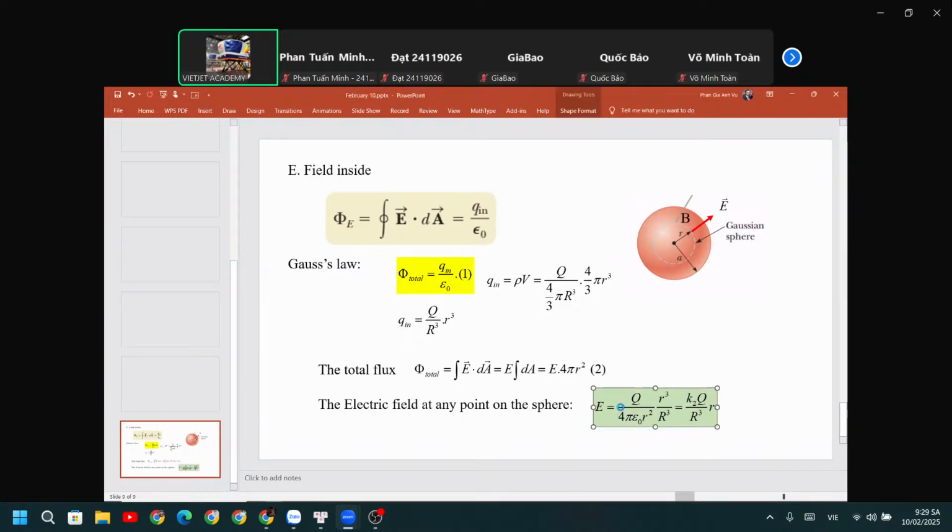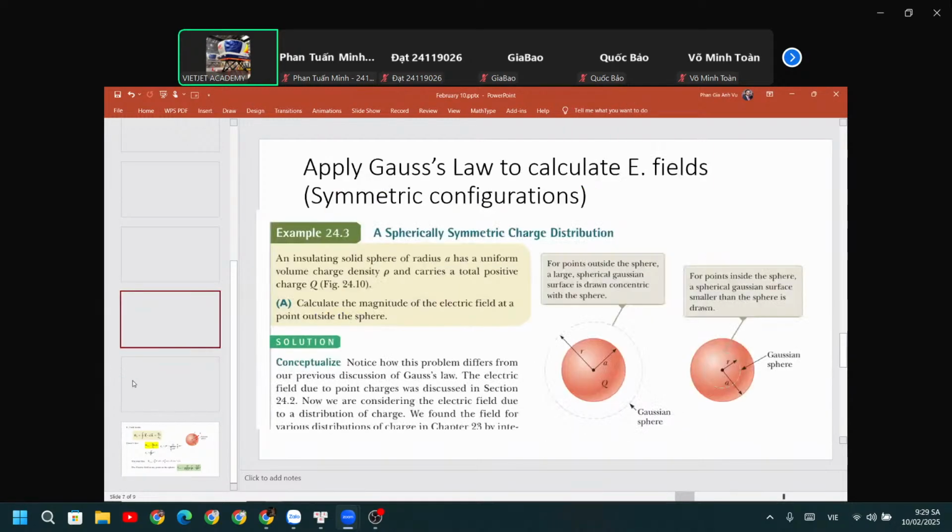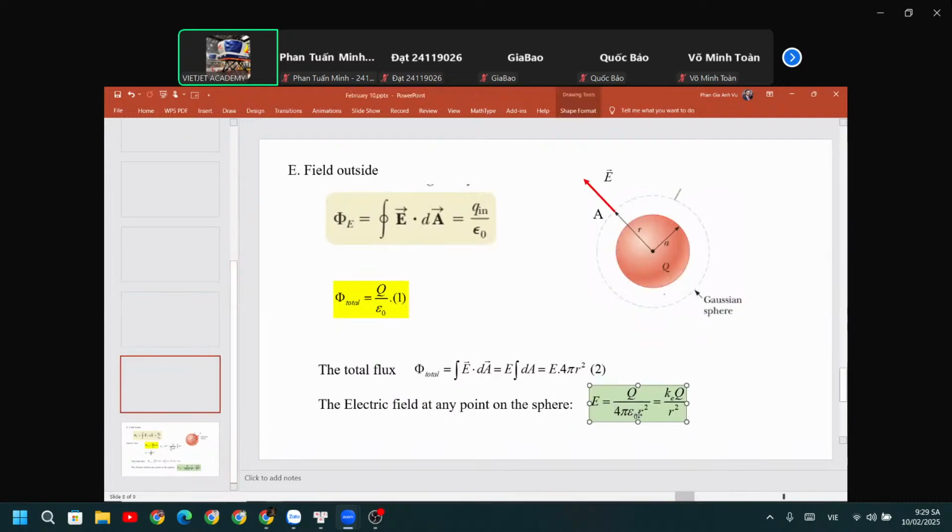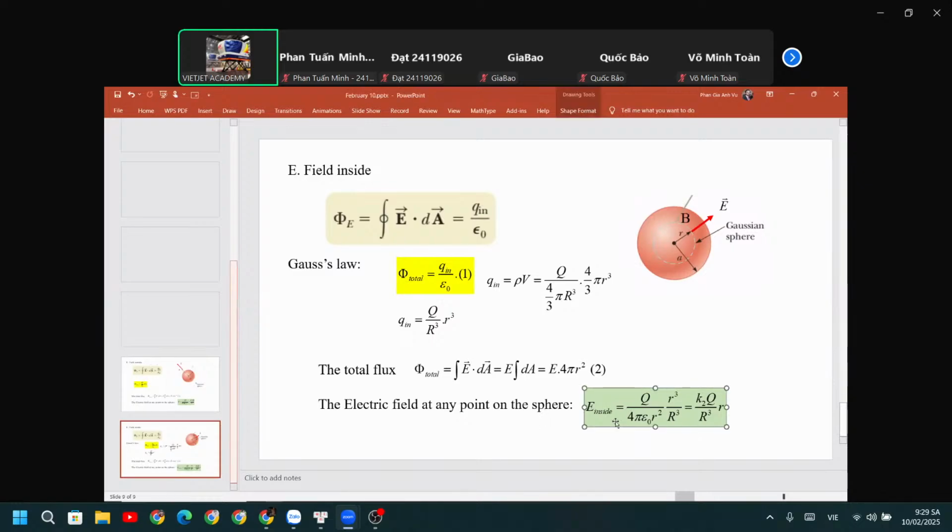So here is the inside, so I have to add the subscript inside here. And of course, for the previous one, I have to add the outside. Okay, let's do it later.